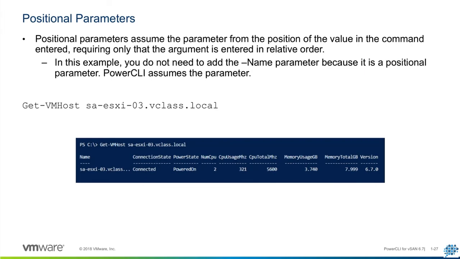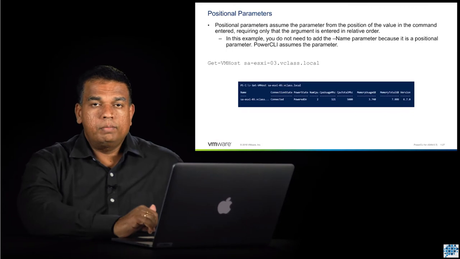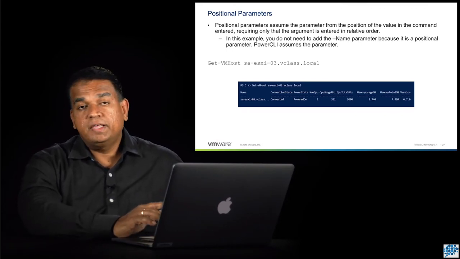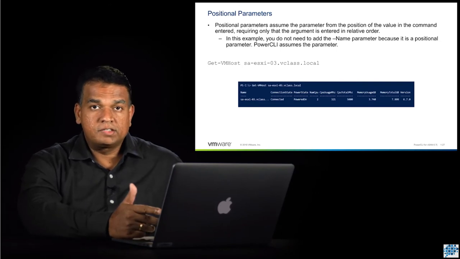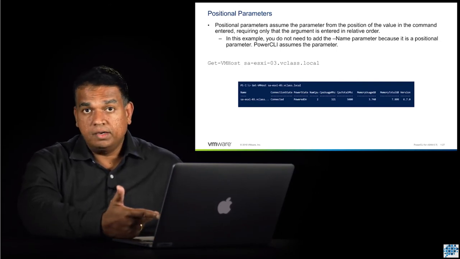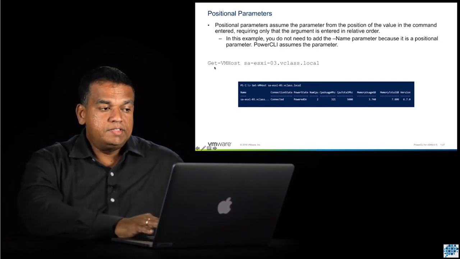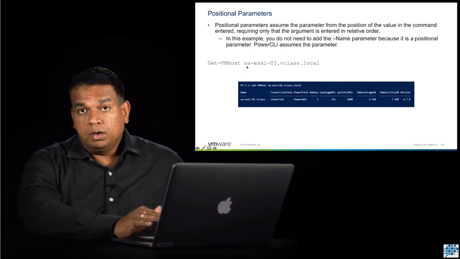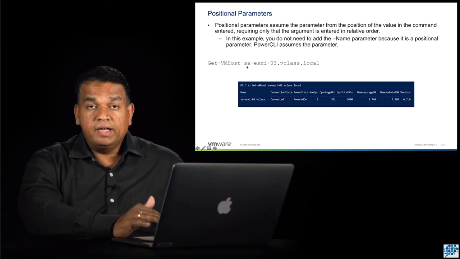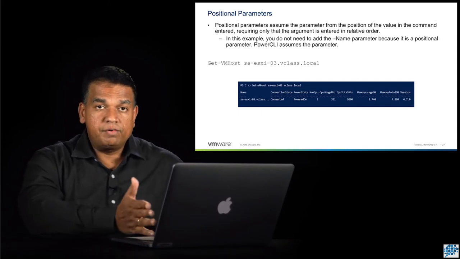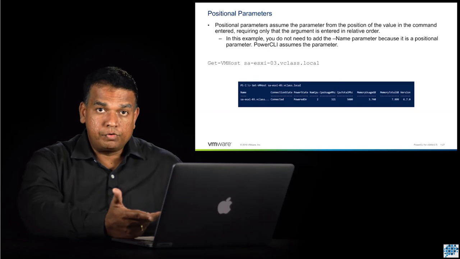Now I'm just going to talk about something called positional parameters. When we say positional parameter, it simply means that in certain cases we do not have to specify a parameter name at all. For example, when we say Get-VMHost, PowerCLI is expecting that after Get-VMHost, you are going to type in the name of a host.